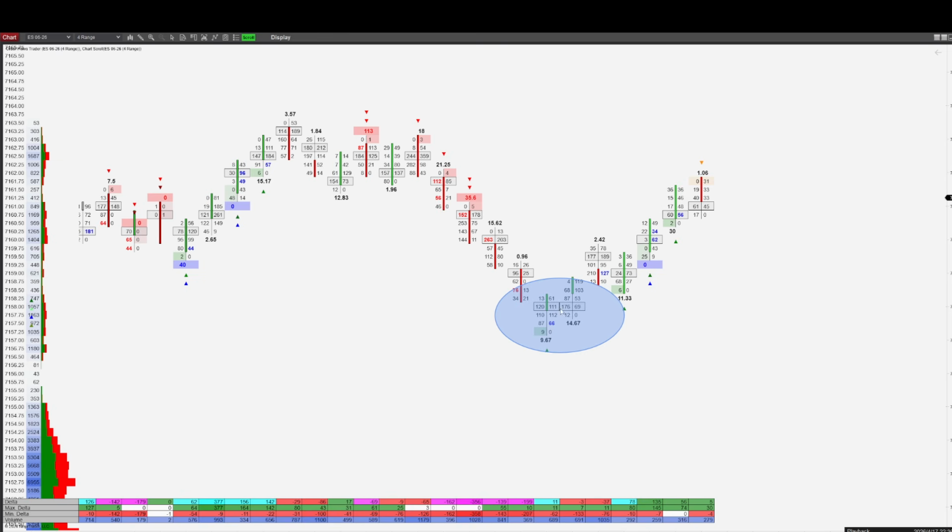Then what happened next? We had two PLCs at the same level. Market went for a small correction, but then it bounced up. I already explained this setup before. If you guys remember, when you have two PLCs at the same level, that usually means that this volume is some kind of resistance or support based on what happens next.